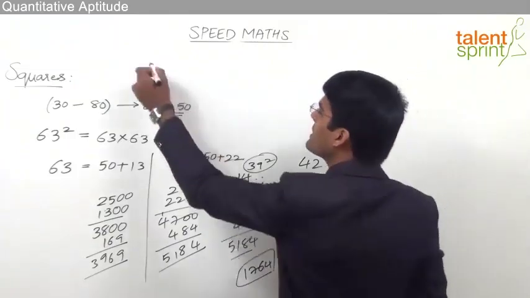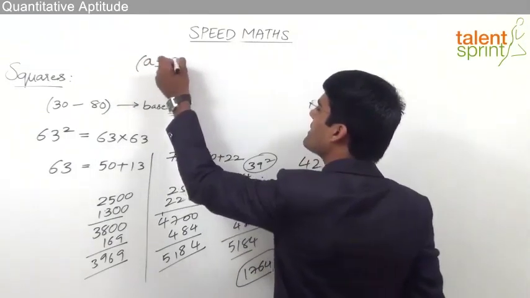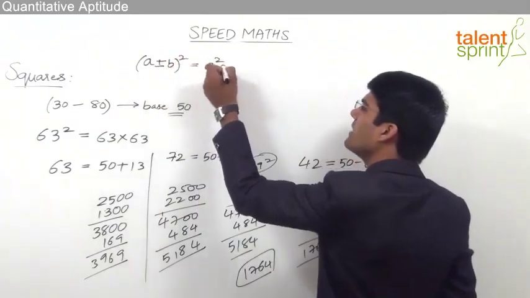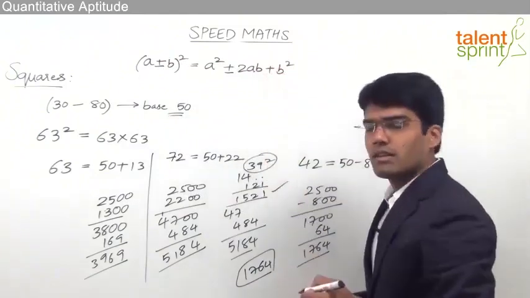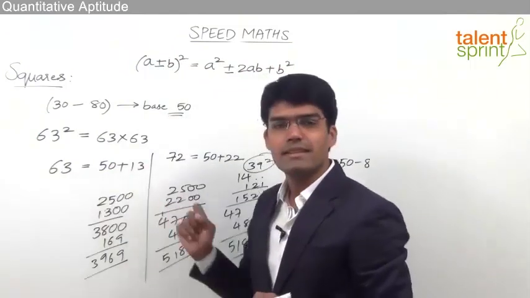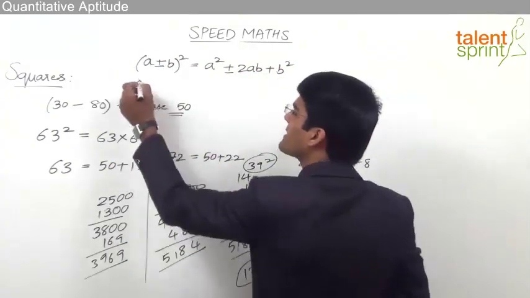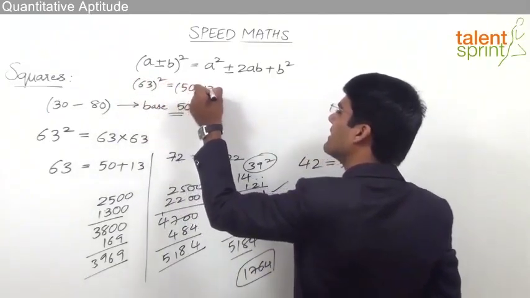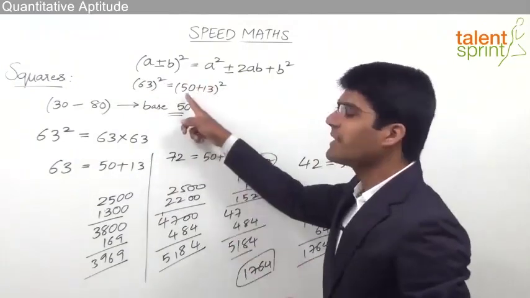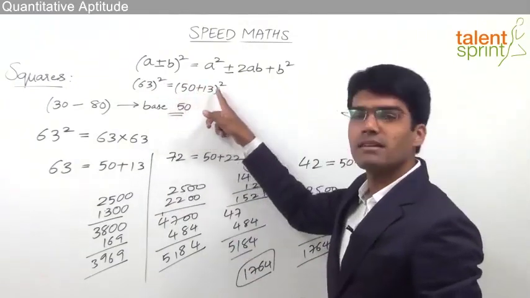We know that a plus b whole squared, or a plus or minus b whole squared, is equal to a squared plus or minus 2ab plus b squared. Now the point here is, when we are taking 63 square, 63 can be split as 50 plus 13 whole square. Remember, we are taking the base as 50, so we get 50 plus 13 whole square.